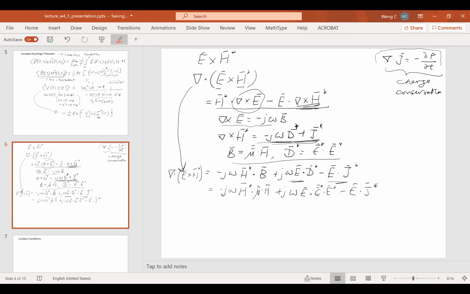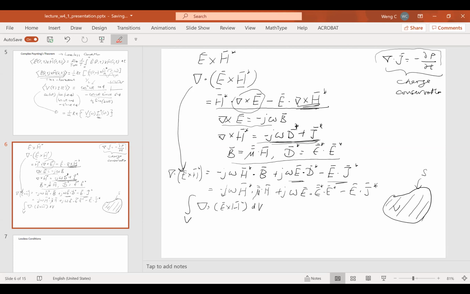If I integrate this over a certain volume, say the volume V is here, bounded by a surface S, what would the left-hand side become if I were to integrate this over a certain volume?